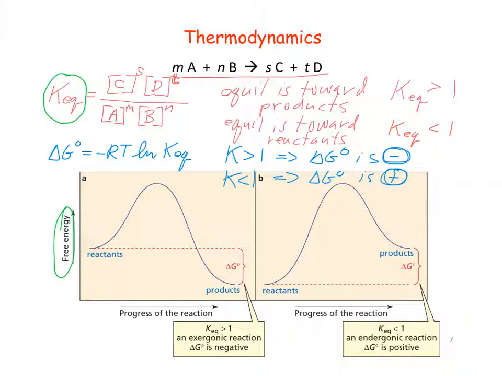Okay, so let's see where these fit in. In the first reaction coordinate diagram, notice that this distance down here is related to the equilibrium constant. Because the products are more stable than the reactants, this is going to have a negative delta G. Negative delta G leads to an equilibrium constant greater than 1.